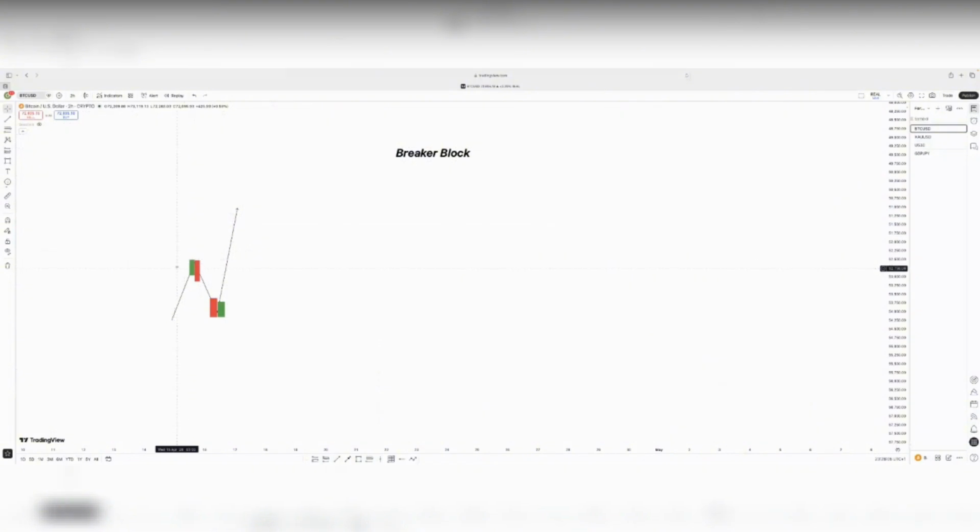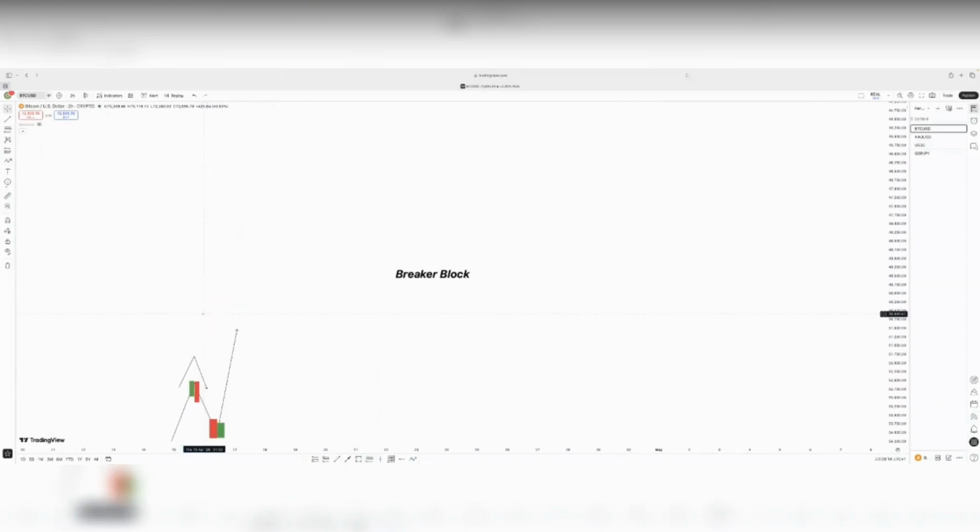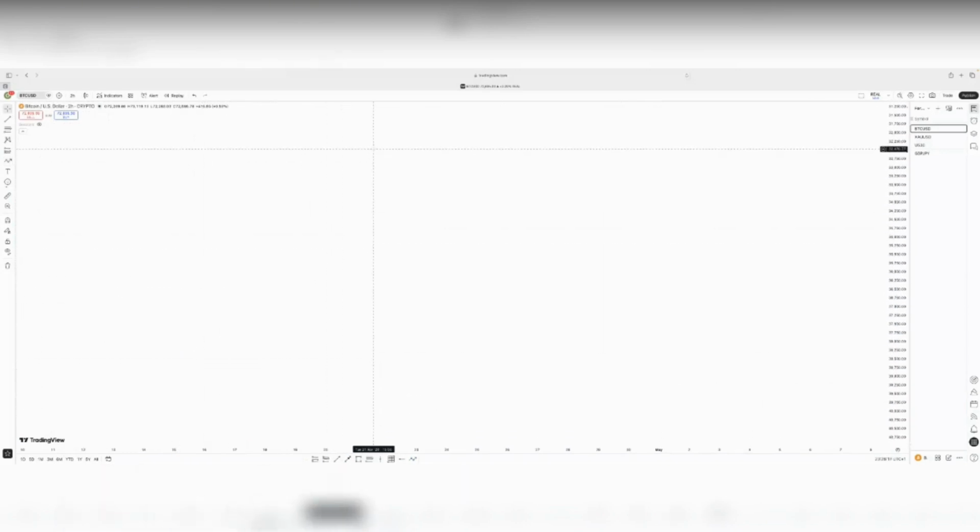Now, this reversal happened here because right here you see this V shape. This is an order block. Now, please add this to it: an order block must be V shape.